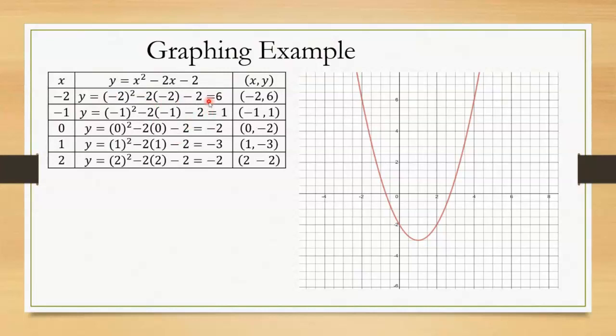So for instance, if x is -2, you replace x by -2 into the equation, as you can see, and we get our y value to be 6. I'm pretty confident that calculation is correct. So we get 6.